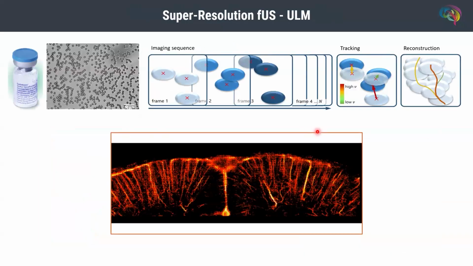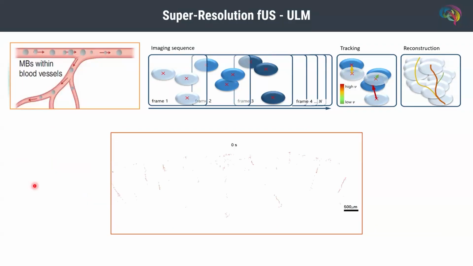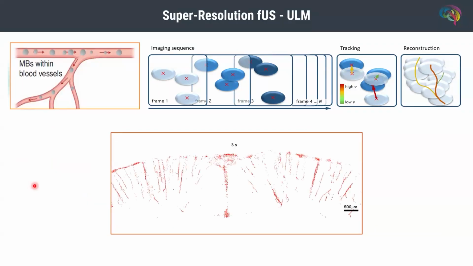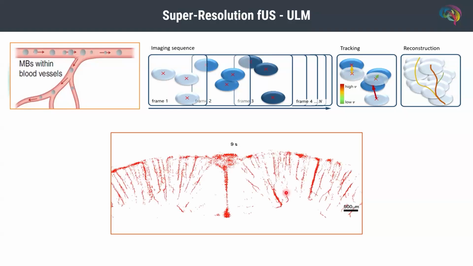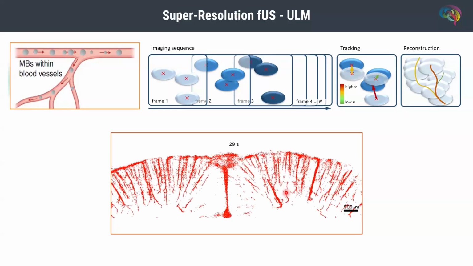Now, ULM relies on one key ingredient, which is microbubbles as contrast agents. These gas-filled bubbles are injected into the bloodstream, and when they are exposed to ultrasound waves, they produce a strong echo that stands out against the rest of the tissue.